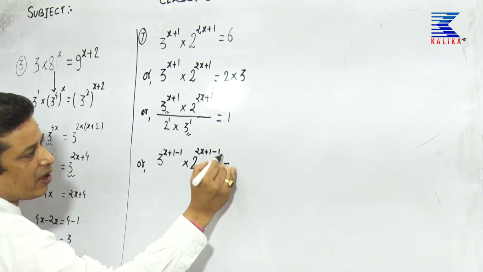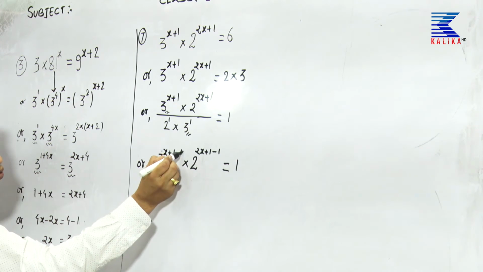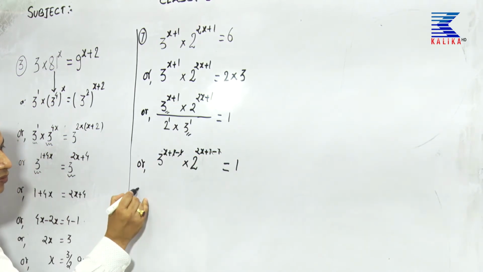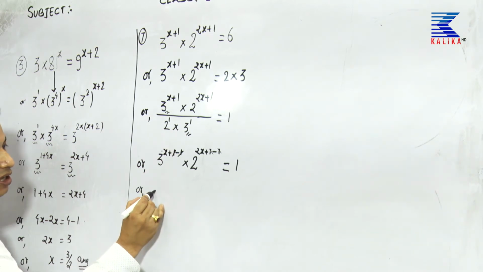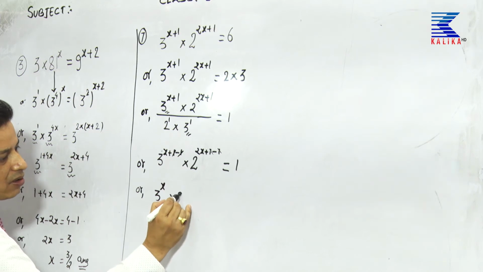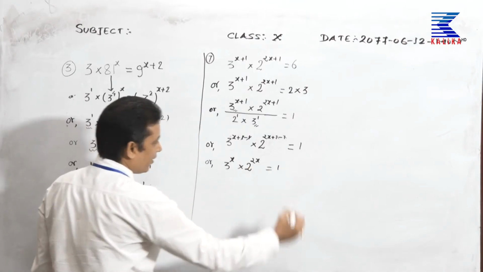This is equal to the right hand side, nothing to do, there will be 1. Now 1 and 1 we can cut, or this one is 3 to the power x times 2 to the power 2x is equal to 1.